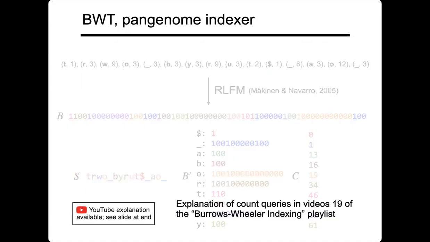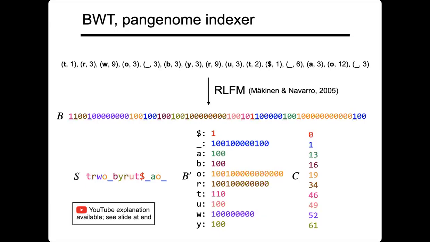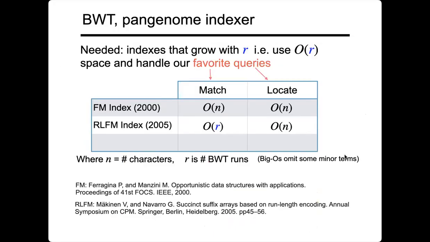But the point is, everything that you see on the screen here is something that either straightforwardly grows like R, or even if it looks like it grows like N, it actually can be represented in just R amount of space. Like here's a length N bit vector, but there's only R set bits, which means that we can represent it in R space. Okay. So that's the idea behind the first step.